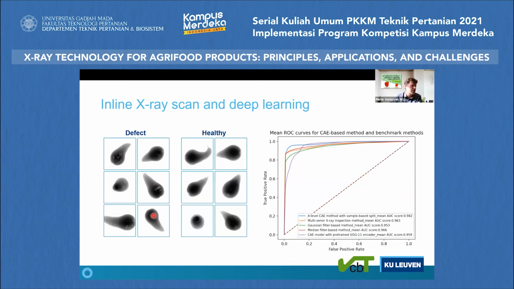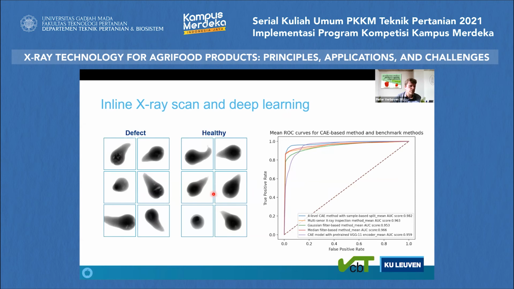So you can detect defected fruit and healthy fruit. It's quite complex images to deal with because you have a lot of grayscale range in the image. It's not that easy. But still, with the help of deep learning algorithms today, we're able to accurately identify which ones are defect and which ones are healthy.